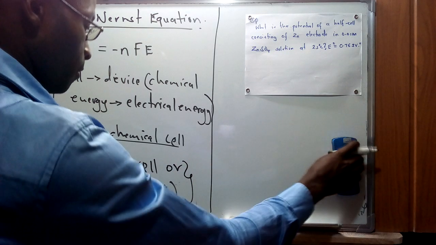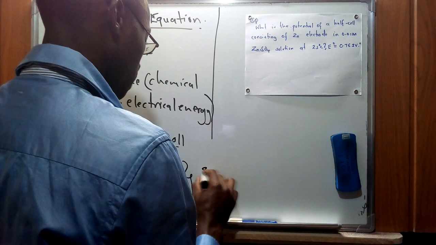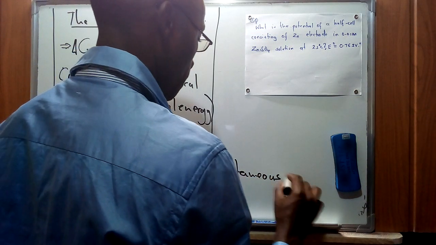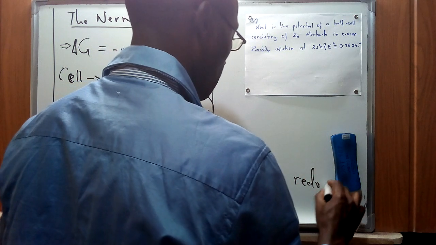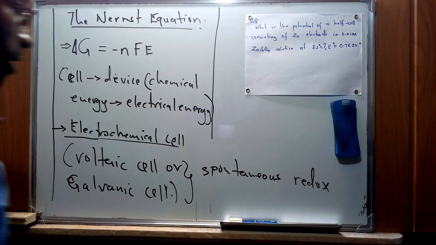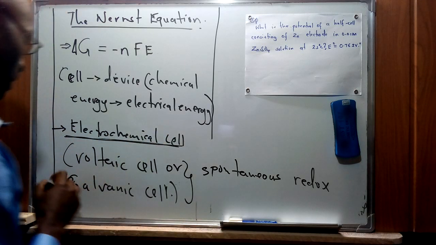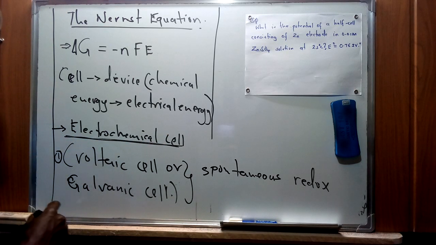As we have talked about the concept of the electrochemical cell, it involves spontaneous redox reactions which are producing electricity. Now, under electrochemical cells, the voltaic or galvanic cell is one of the examples.